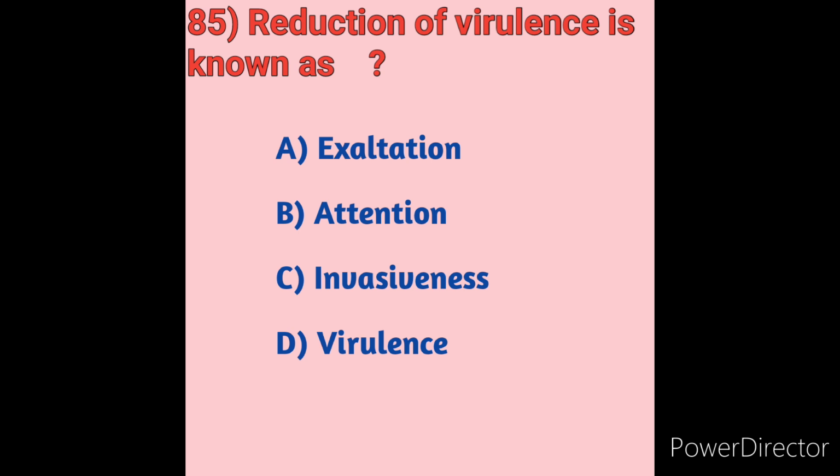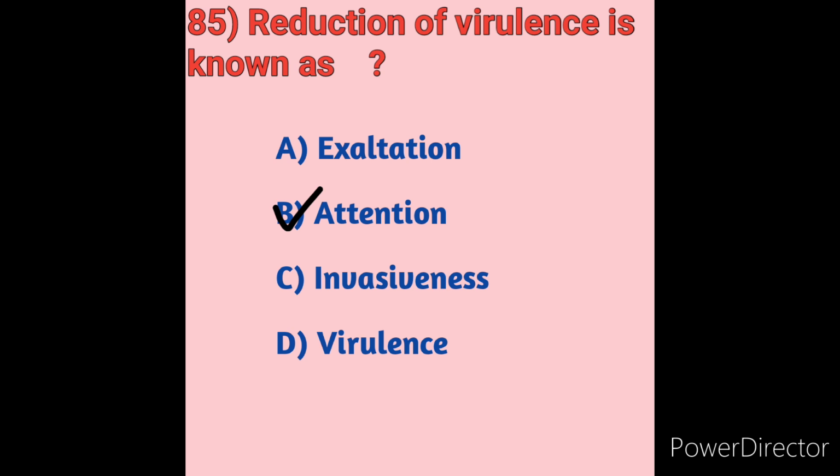Attenuation is the reduction of the force, effect or value of something, such as the reduction of the amplitude of an electric current or other oscillation. So here reduction of virulence is known as attenuation. So here option B is the correct answer.